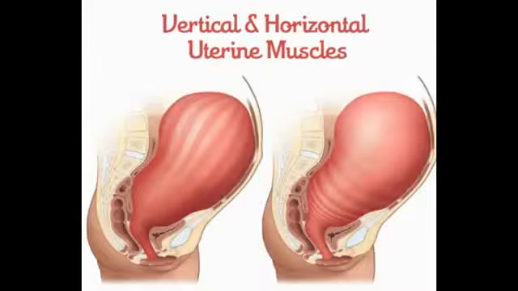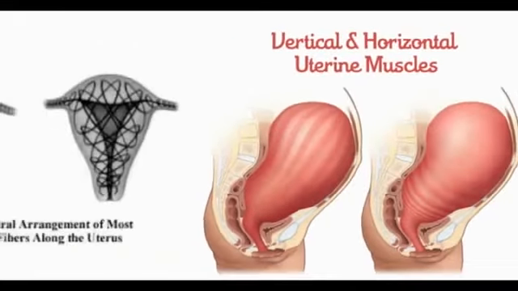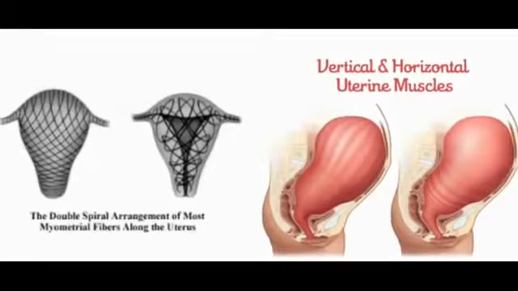The orientation of the muscles is regarding the function of the womb, to be able to grow during pregnancy and then to contract and push out the fetus.